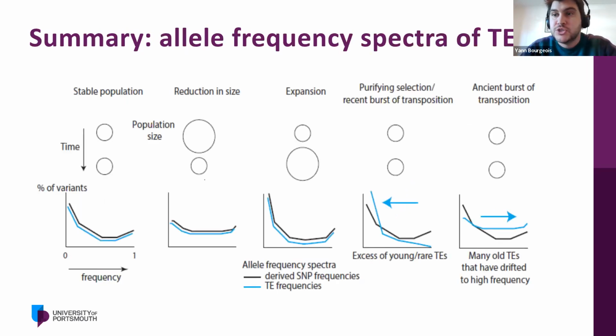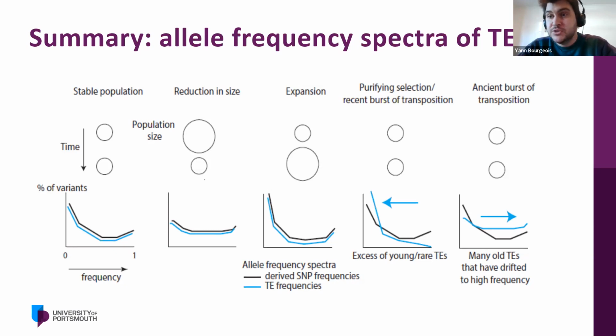So this is just to summarize a bit what we can do in terms of population genetics based on the allele frequency spectra of TEs and comparing them with derived SNP frequencies, for example. So if you assume that TEs transpose at relatively constant rates, and they are scattered through the genome in the same way as SNPs, you would expect that the allele frequency spectra should be really similar between TEs and SNPs.